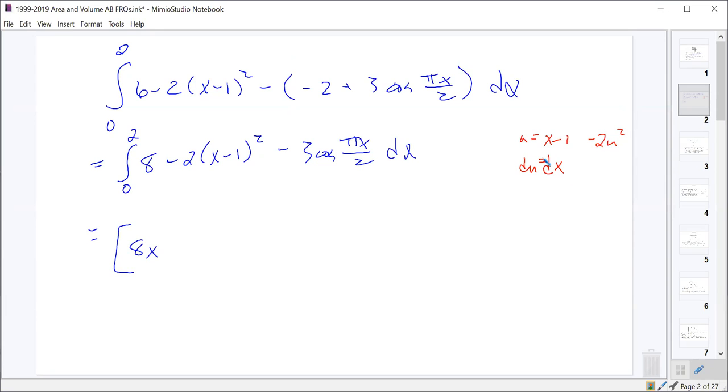So anytime the du is just dx, conveniently, you can integrate and plug that x minus 1 back in. So this should become negative 2/3 of u cubed, or minus 2/3 of x minus 1 cubed. Everybody good with that?